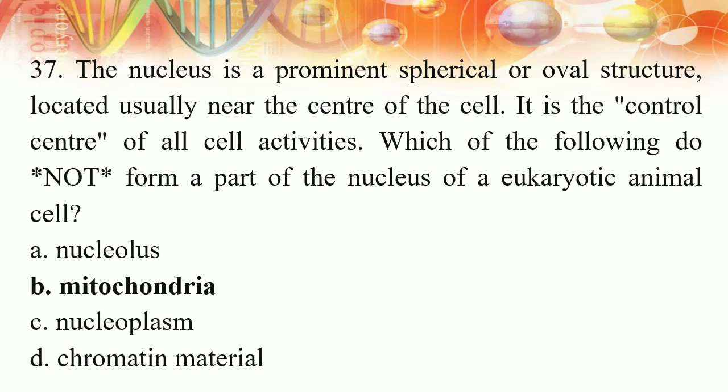Nucleoplasm is a type of protoplasm that is composed of thick fluid and constitutes chromatin fibers made up of DNA and usually found in the nucleus of eukaryotic cells. Chromatin material is the material that makes up a chromosome that consists of DNA and protein. That leaves us option B as the answer, which is not part of the nucleus in the eukaryotic animal cell.